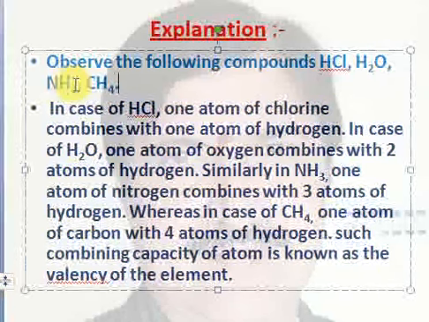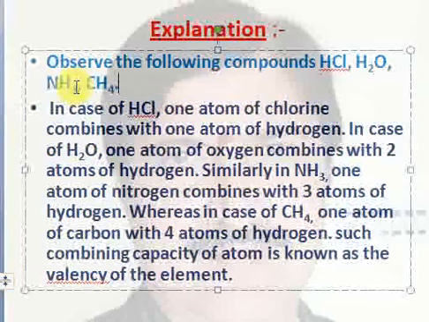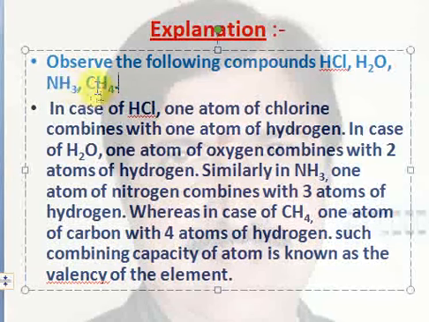Here NH3, ammonia: one nitrogen atom combines with 3 atoms of hydrogen. Here in methane gas, one carbon atom combines with 4 hydrogen atoms. See here, 1 hydrogen atom, 2 hydrogen atoms, 3 hydrogen atoms, 4 hydrogen atoms.